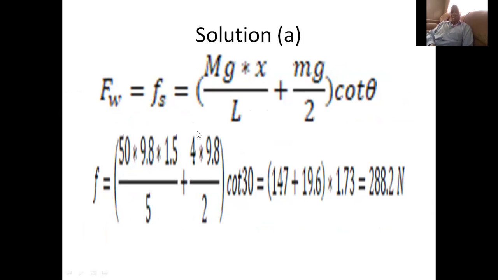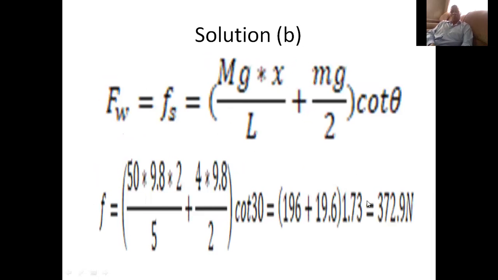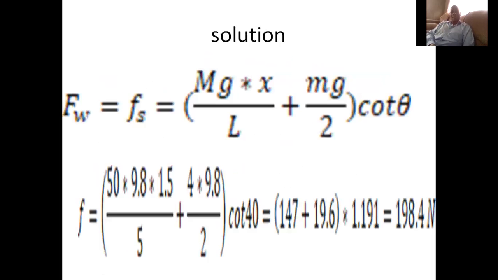These are the parameters which are the same here, but we only increased this one. So previously, when we had 30 degrees here, we found 288.2 newtons. While after increasing the angle to 40 degrees, or pushing the ladder closer to the wall, the friction reduced.